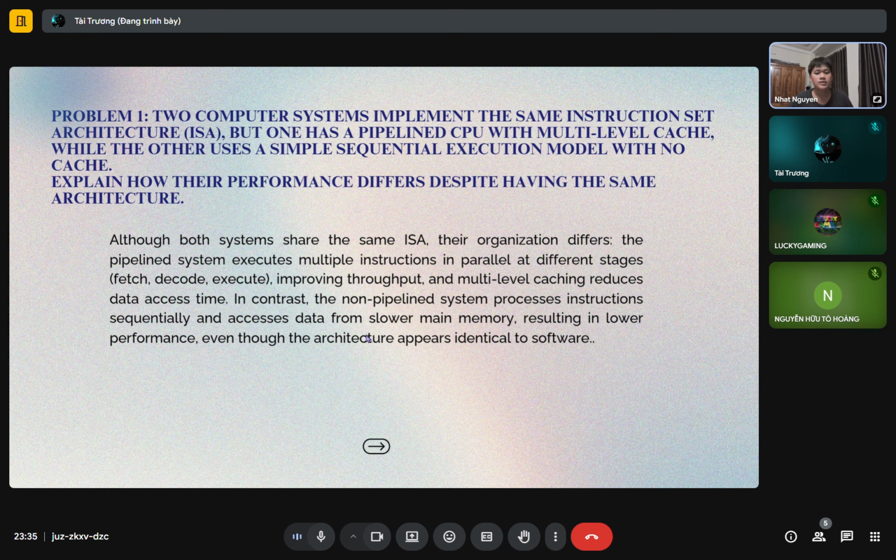In contrast, the non-pipelined system processes instructions sequentially and accesses data from slower memory, which results in lower performance even though the architecture appears identical to the software. Now we move to problem 2.